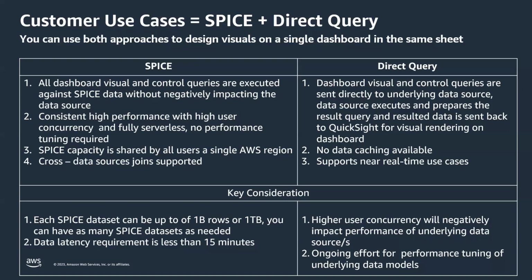If you have more than 1 billion rows in your data set, then you want to leverage data architecture principles and think about data aggregations, materialized views, those kinds of concepts to reduce the size of the data set and then load it into Spice.